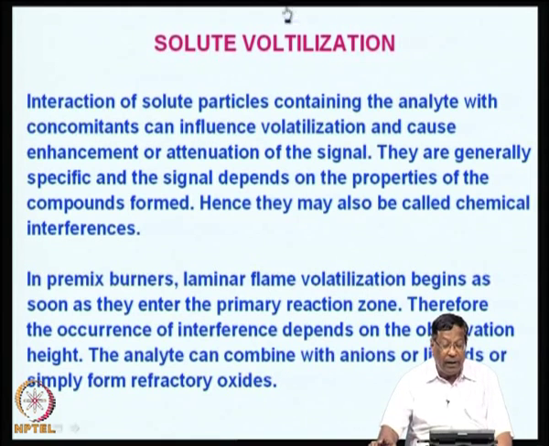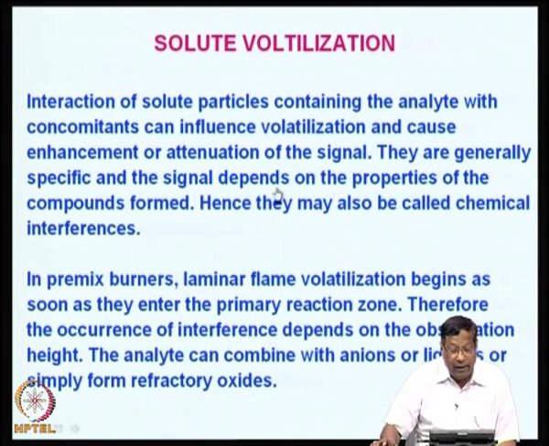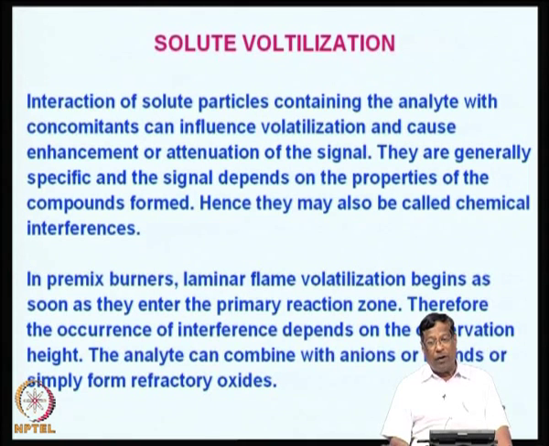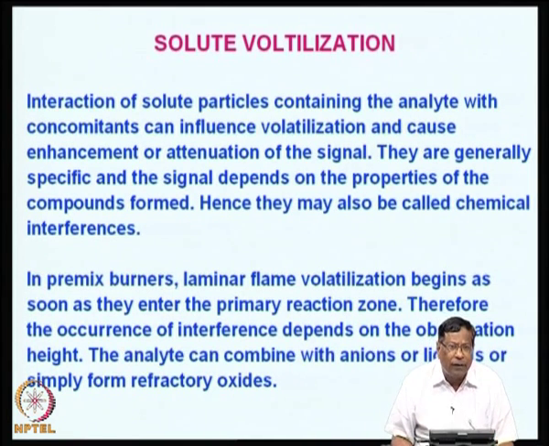They are generally specific and the signal depends upon the properties of the compounds formed. Suppose your hydroxide or oxide melts at very high temperature, then the production of atoms would be affected adversely. This type of interference can be called chemical interference.